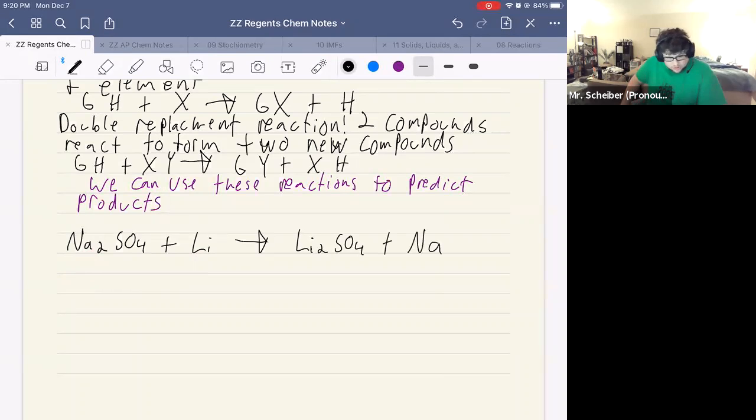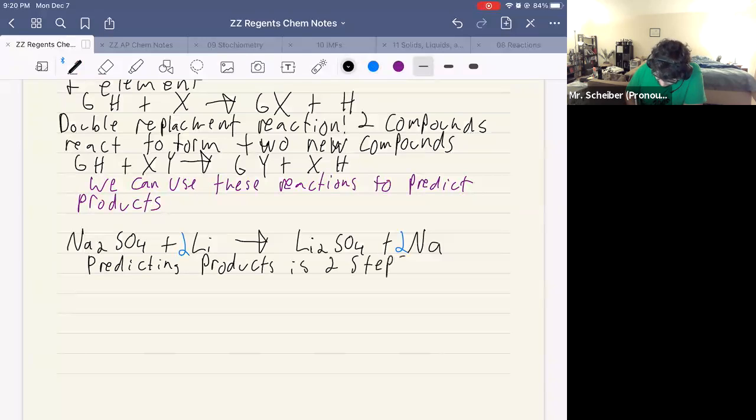So the first thing you should notice is that this is an unbalanced reaction. So I'm going to balance it. And I see that there are two Li's on the right, one on the left. And I see two Na's on the left, one on the right, and it's balanced. So notice how predicting products is two steps, and do not skip steps.